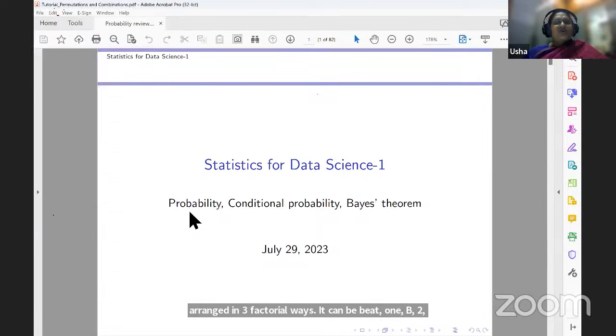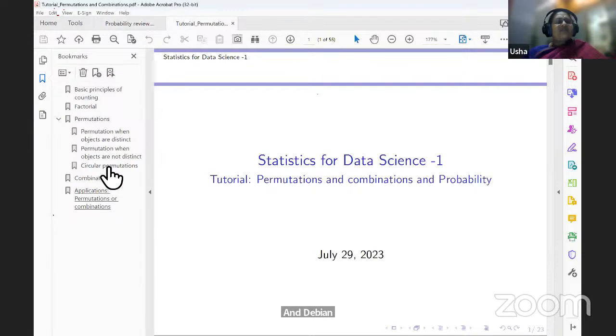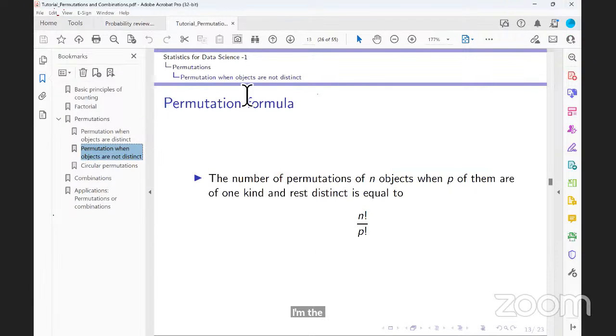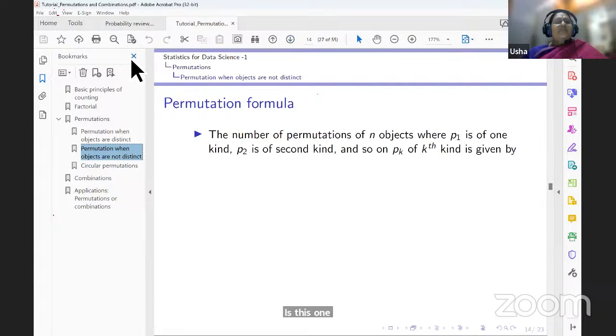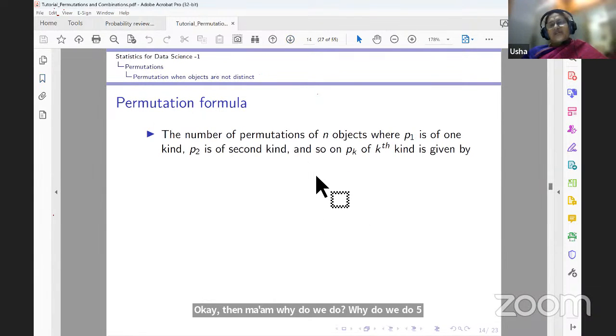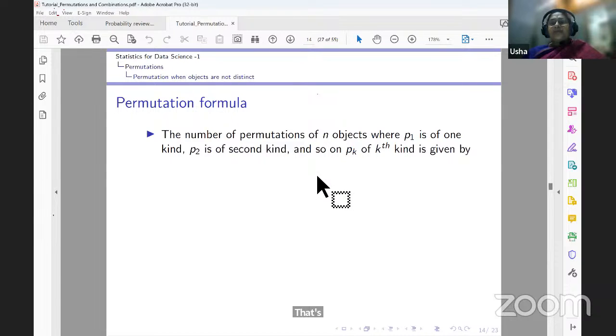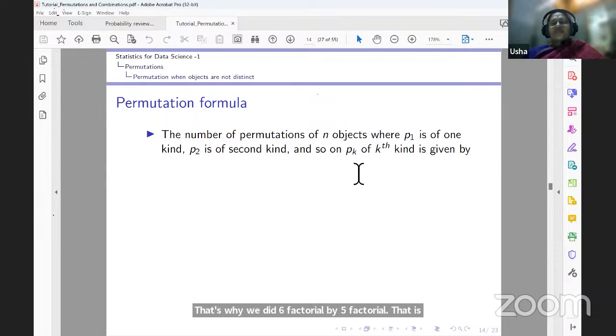So, are you able to see the PDF? Yes, ma'am. Okay. So here, the number of permutations of n objects. I have 5 white beads and I have 3 blue beads. I am arranging them in a line. Now, what is this n here? 8.